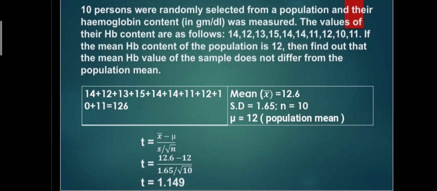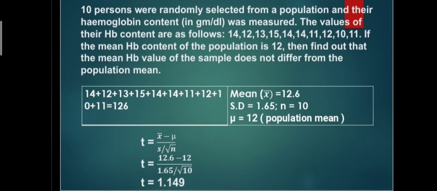In this particular sample, it has come to 1.65. The number of observations is 10, and the mu value is 12, that is the population mean.